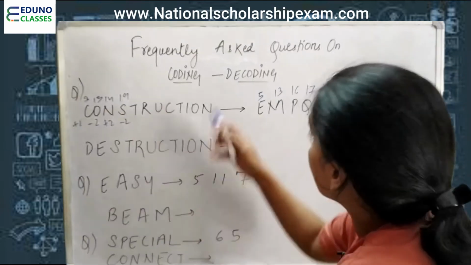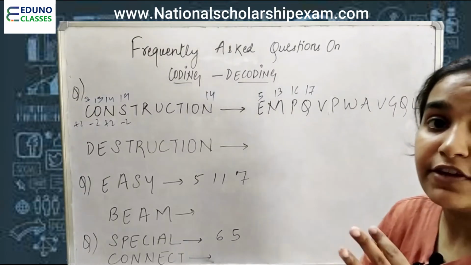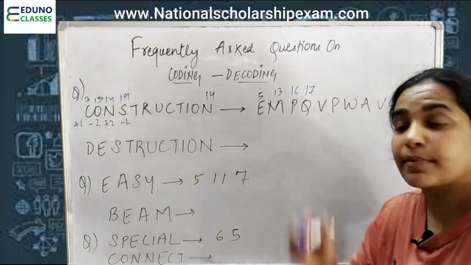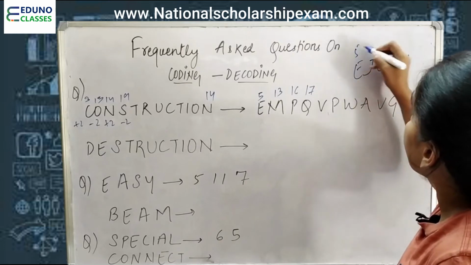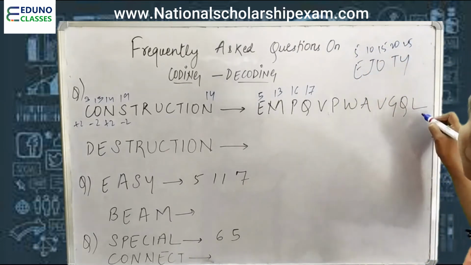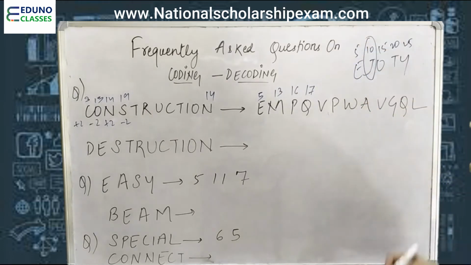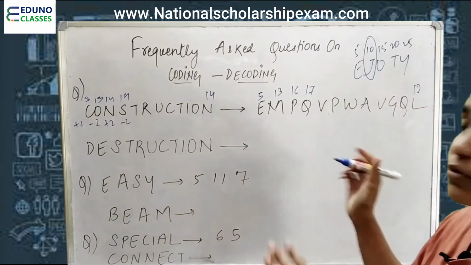N is 14, and then J, K, L. How do we remember this? With the word majority, right? We know 5, 10, 15, 20, 25. L comes after J: J, K, L. This is 12 and this is 14. We went minus 2. So it is clear we have to go plus 2, minus 2, plus 2.